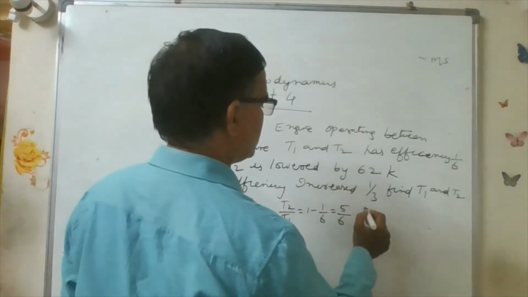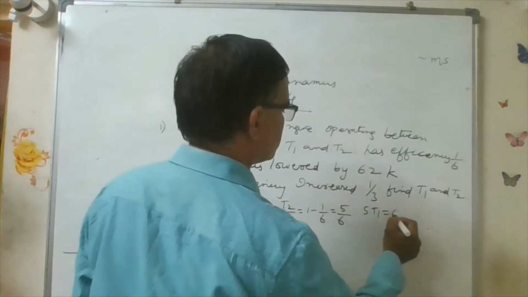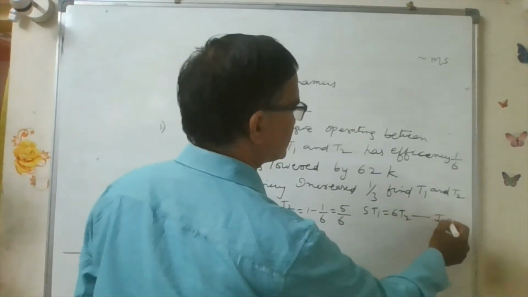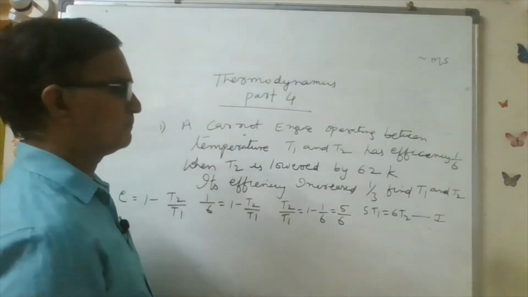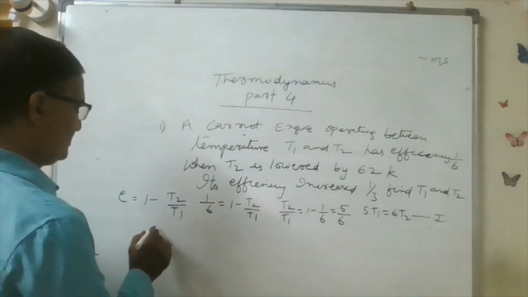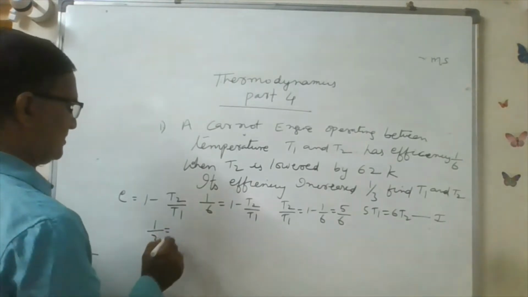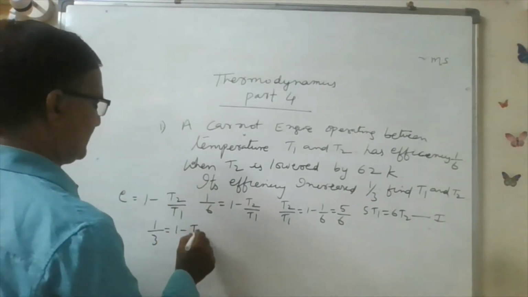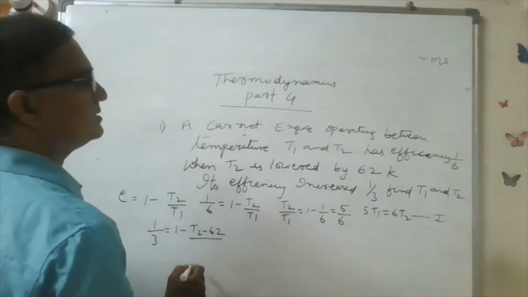That is 5T1 is equal to 6T2. This is the first equation. And next, what do you get? When it is 1/3, this temperature is lowered by 62 Kelvin.